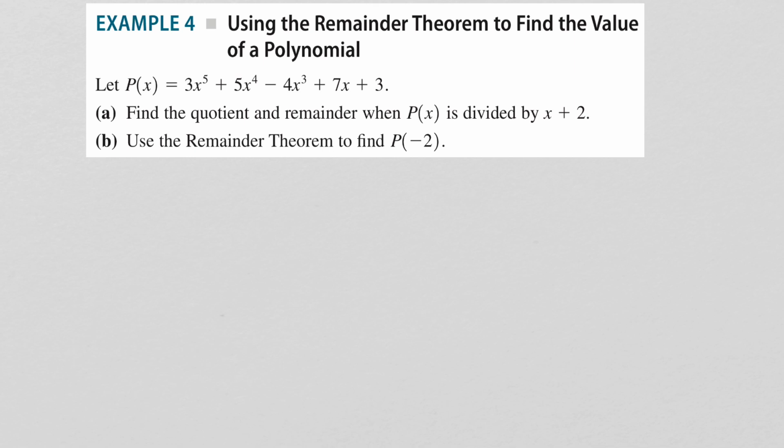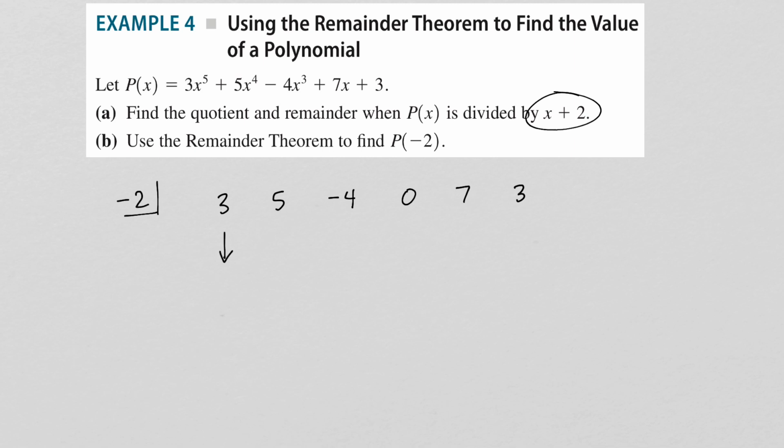So I have my main polynomial, which is 3x to the fifth plus 5x to the fourth minus 4x cubed. Now notice that there is no x squared here, so we're going to put 0x squared, positive 7x, and positive 3. And we're dividing by x plus 2, so we're going to put a negative 2 in the box.